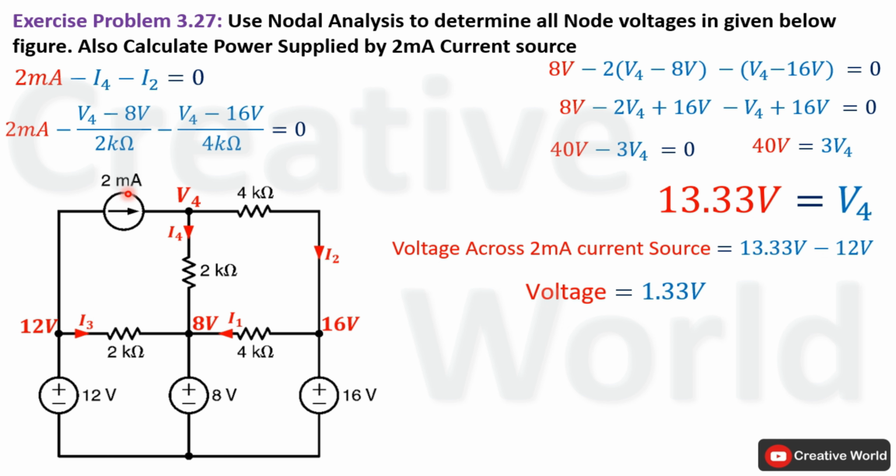Current through this constant current source is already given, so we can calculate its power supplied, which is equal to the product of voltage and current. So the product of 2 milliampere and 1.33 volt will be equal to 2.66 milliwatt. So this constant current source is supplying 2.66 milliwatt power inside this network.